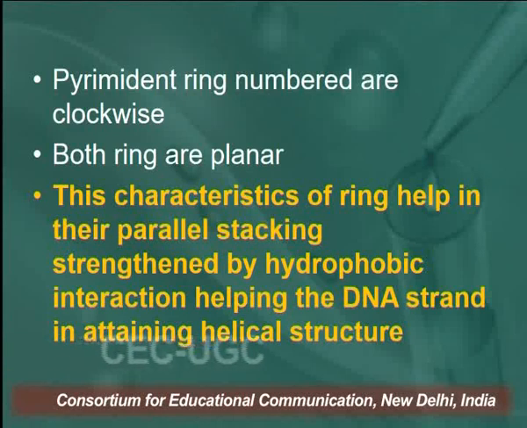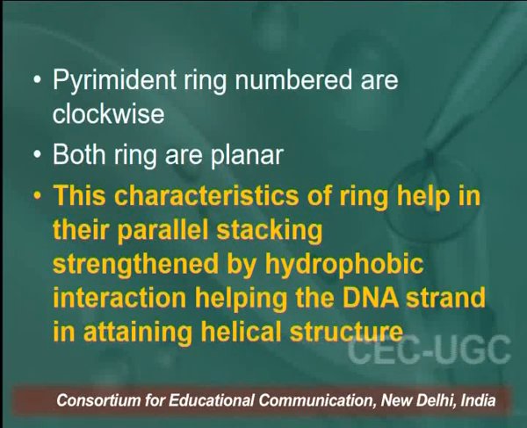The pyrimidine ring is numbered clockwise in normal nomenclature. Also, both rings are planar, and this characteristic of the rings helps in their parallel stacking, strengthened by hydrophobic interaction, which helps the DNA strand in attaining helical structure.